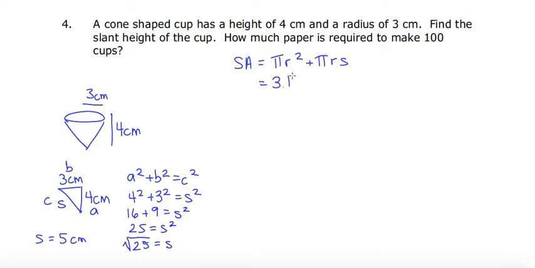So 3.14 times 3, that's my radius, squared, plus 3.14 times 3 times 5, that's my slant height.